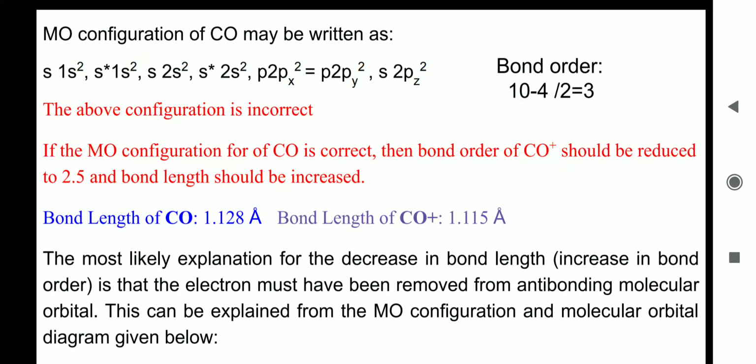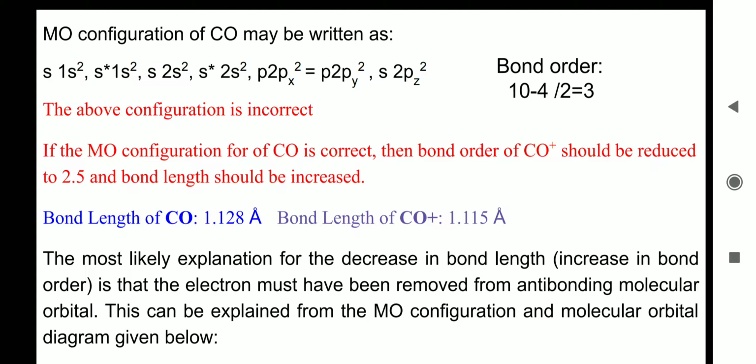But this does not correlate with our experimental observation. What is our experimental observation? Our experimental observation is that the bond length of CO plus is shorter than the bond length of CO, and this is only possible when the bond order of CO plus is more than that of the CO molecule.